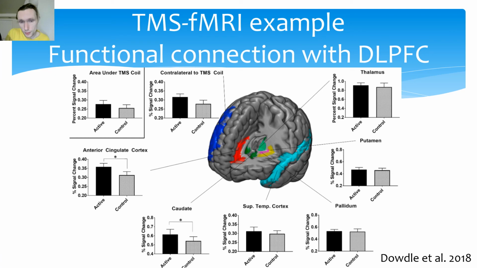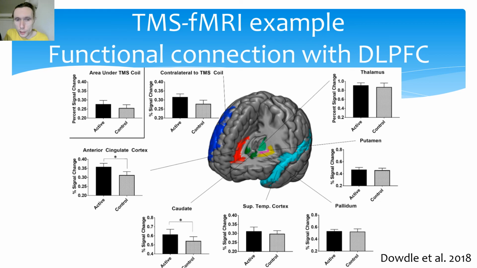And this study is a cool example of this, because they stimulated with a TMS coil over the left dorsolateral prefrontal cortex, which is basically this area here, but then on the other side. And then you will see that this is a cut out part of the brain, so this is the inside of the brain.